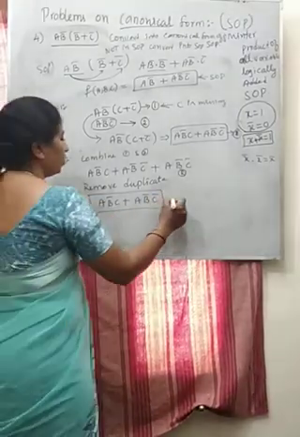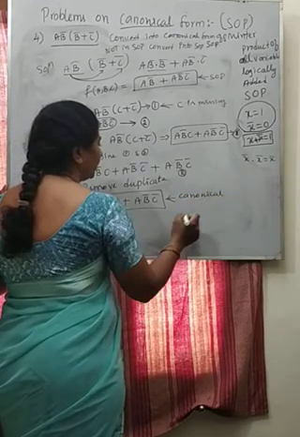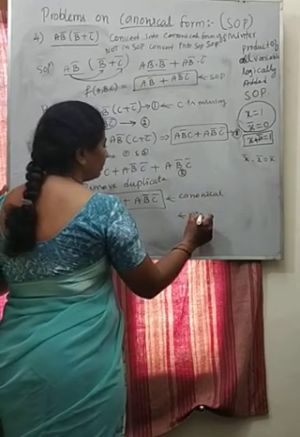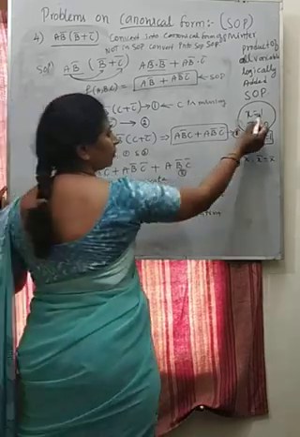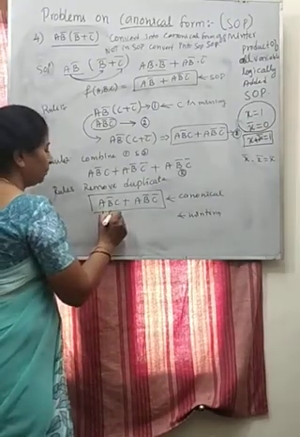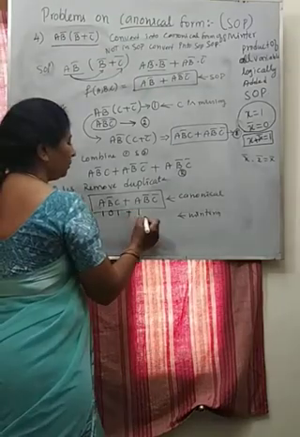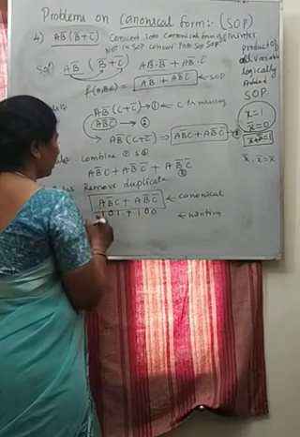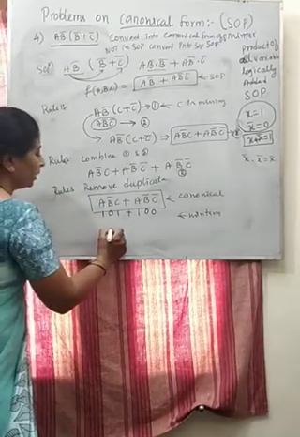Write the minterm form. How to write the minterm form? A means 1, it is uncomplemented. Complement means 0. Uncomplement means 1, complement means 0. According to that, 1, 0, 1, that is 4 plus 1, it is 5.